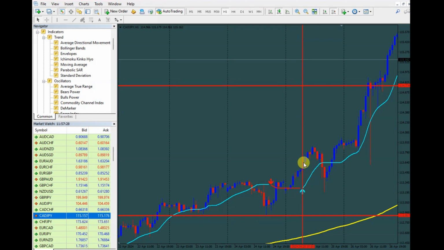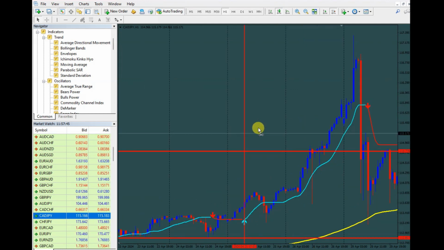Now you can see that our stop loss for this trade is 78, just say roughly 80 pips. Okay, we enter the market here.